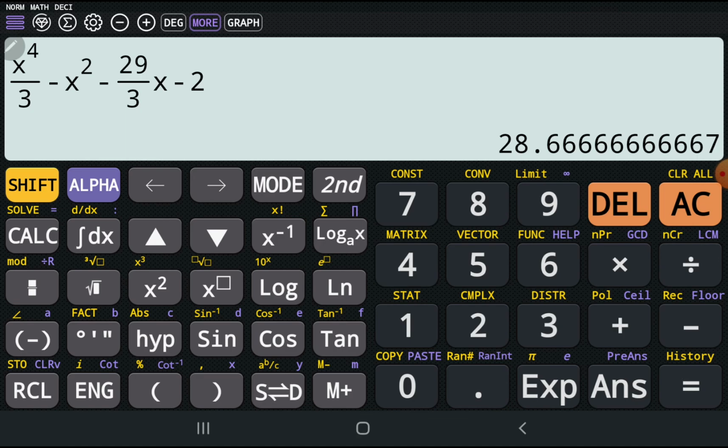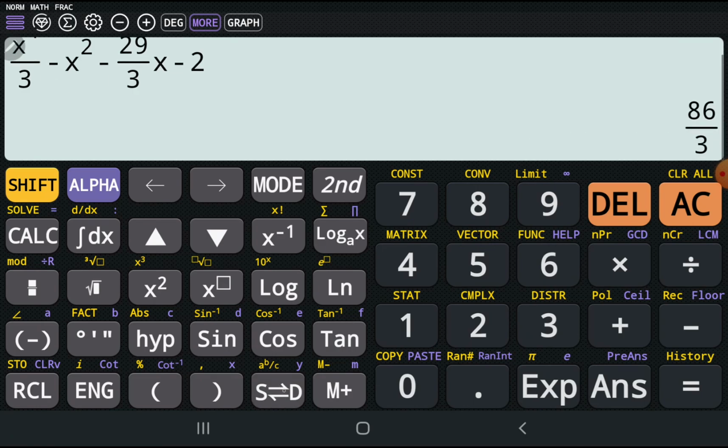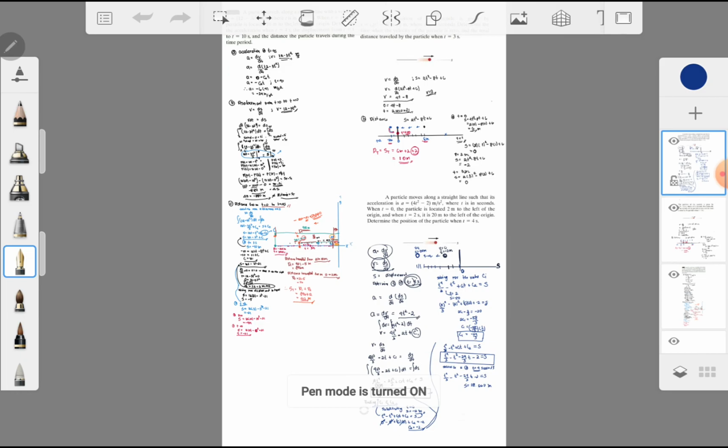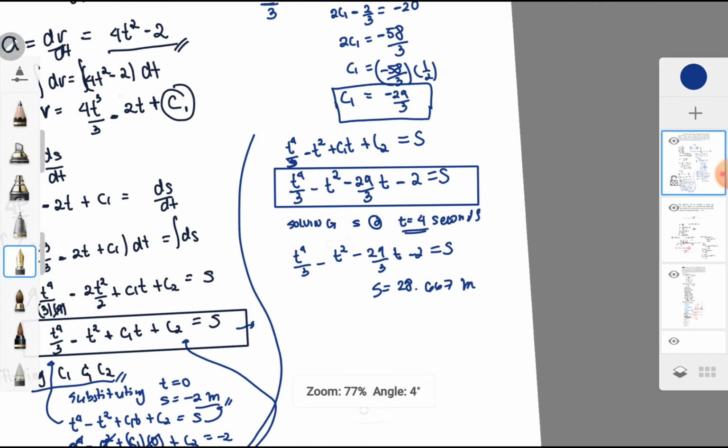If you want to turn that into its fraction form, just press your S to D. If you don't want to use that, you can just use the value 28.6667. If you round this to the nearest hundredths, we have 28.67, or two decimal places. This will be our value of s.